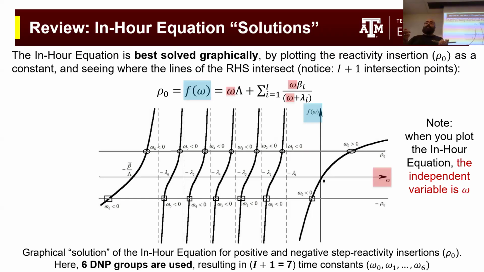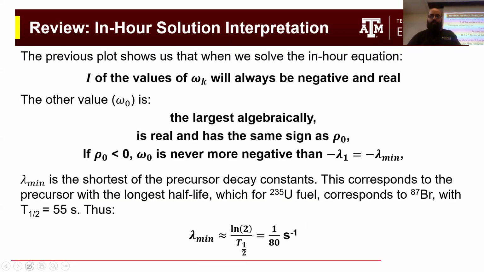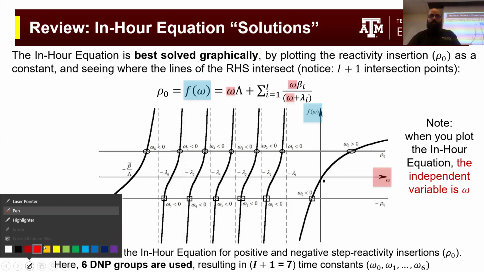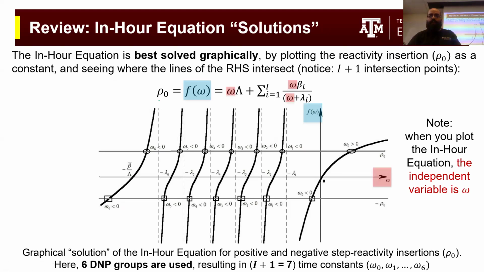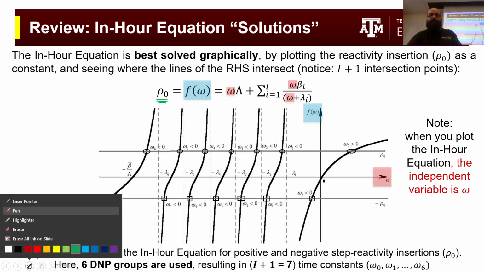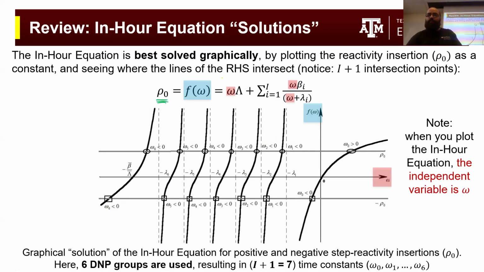If you were to plot the n-hour equation, you're going to get a plot that looks like this. Rho is like the left-hand side of my equation, and the right-hand side is all of this stuff. This equation is a function of omega.